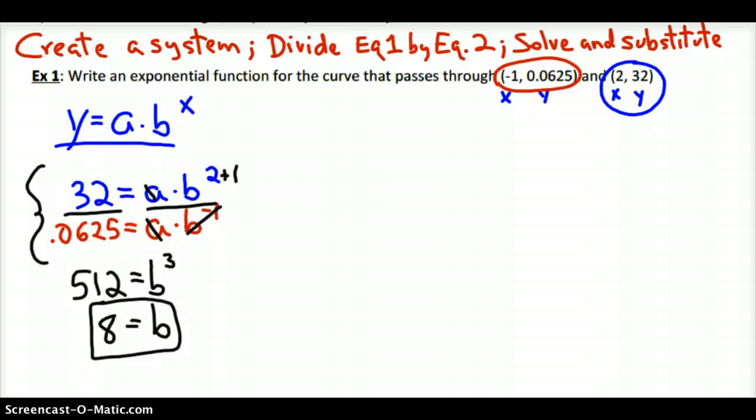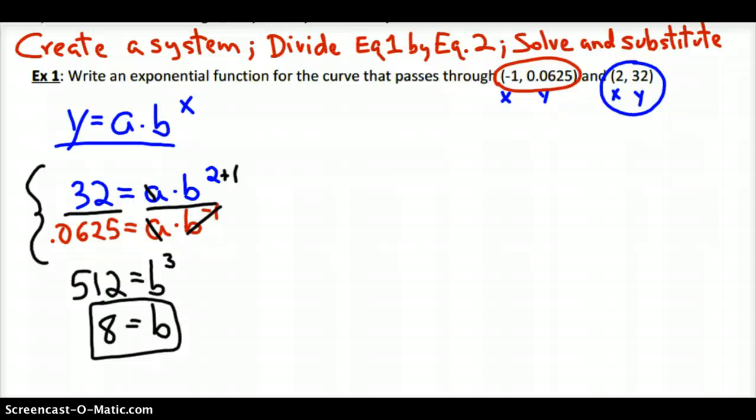Now, I'm going to substitute this b value into one of my 2 original system equations. Well, I like the blue equation better. It doesn't have that decimal.